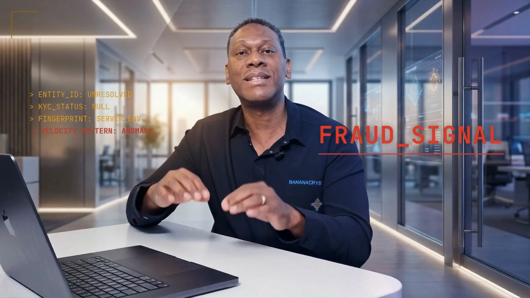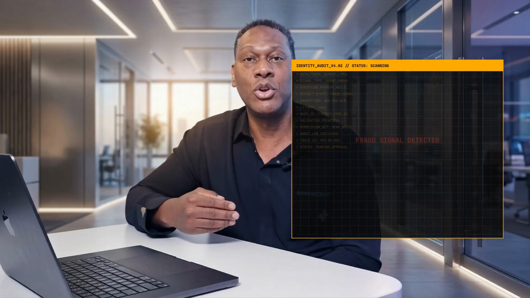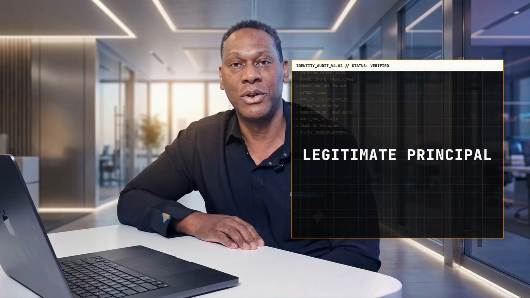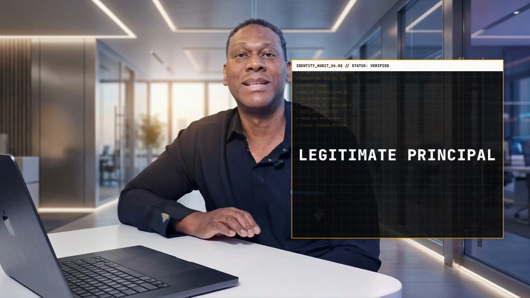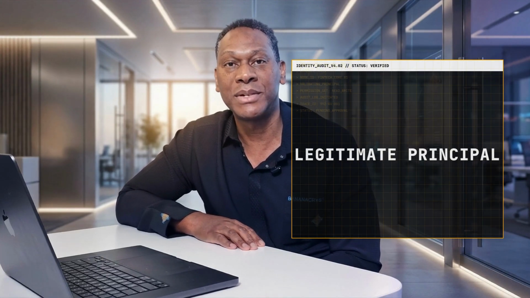The billing entity may not resolve to a known KYC record. The device fingerprint is a server environment, and the velocity pattern triggers risk scoring algorithms designed to flag fraud. So even a well-funded, correctly authorized agent gets treated by default as a fraud signal. Your agent needs an account that was deliberately set up to be recognized by payment rails as a legitimate principal.